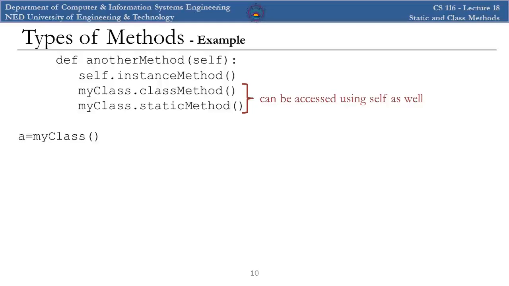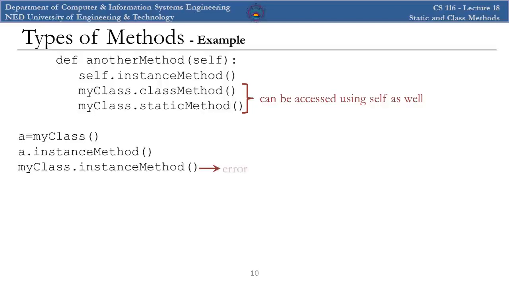And we know how to call an instance method. You simply use this a dot operator and call this instance method. Now if you try to call this instance method using the class name, this statement will produce an error. That means you cannot call an instance method from within a class or from outside the class using the class name. You have to use that self argument or an instance of a class in order to access it, right?